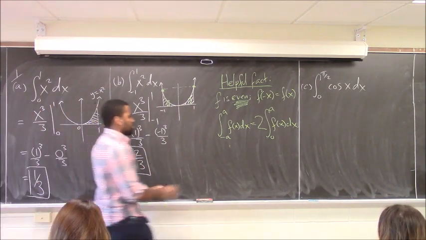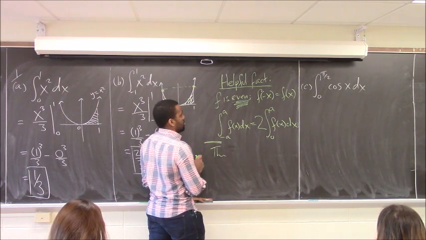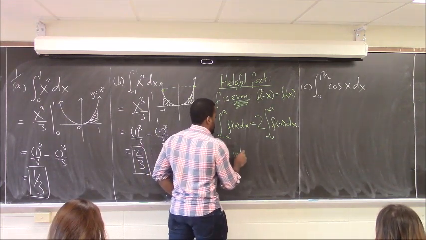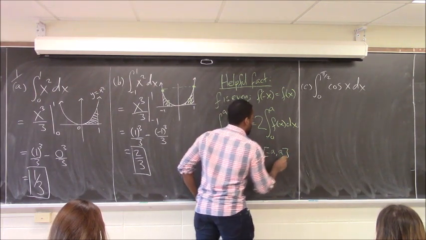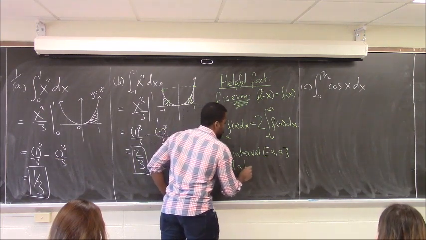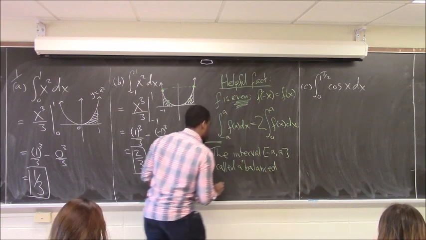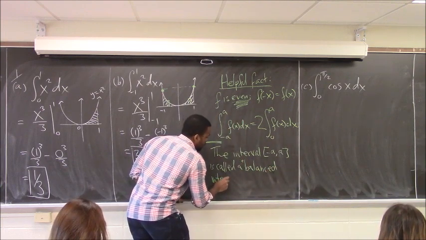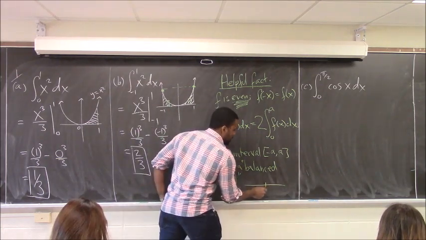And the interval minus a to a, this is a separate thing. The interval minus a to a is called a balanced interval. You'll hear that phrase all the time. It's called a balanced interval because you're balanced around 0.